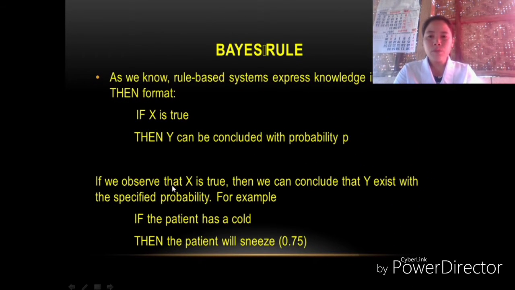Bayes rule. As we know, rule-based systems express knowledge in an if-then format. If X is true, then Y can be concluded with probability P. If we observe that X is true, then we can conclude that Y exists with the specified probability. For example, if the patient has a cold, then the patient will need a medical leave with probability 0.75.